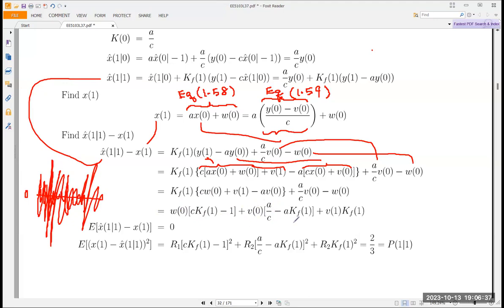This is 0 mean multiplied by some number, still gives you 0. This is 0 mean multiplied by some number, still will give you 0. Finish. So that's why the expectation of these three numbers here will give you 0. So the expectation of this, called the estimation error, is equal to 0.